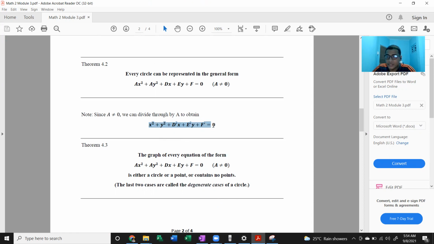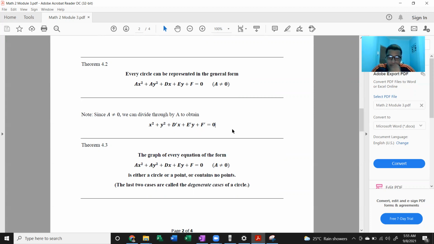Let's go back here at the modified general form. You can see that we have 3 coefficients, d prime, e prime, and f prime. So these are all unknowns. So to solve for these 3 unknowns, we need 3 equations. Now, these 3 equations can be found by substituting 3 coordinates that lie on the circle.